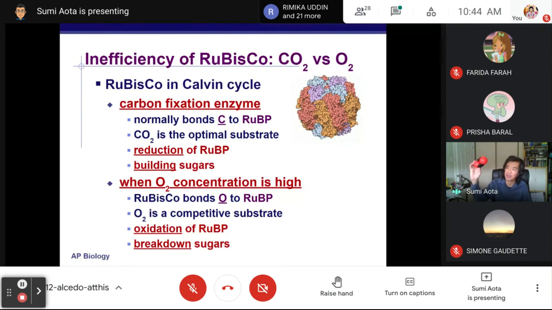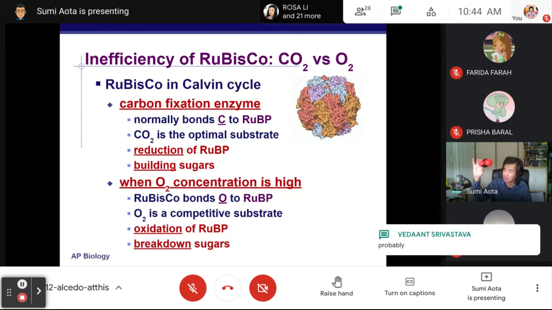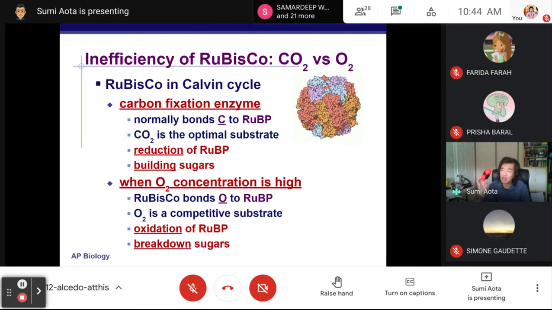The problem is, is it possible for O2 to fit the active site of Rubisco as well? Yeah, because they're not that different in terms of shape. And if oxygen concentrations are high, Rubisco binds O2, not CO2.